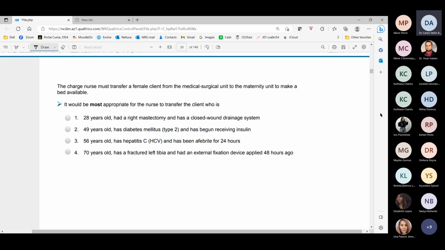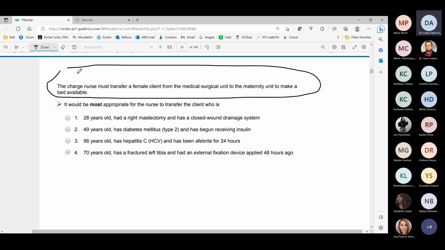Next question. The charge nurse must transfer a female client from the medical surgical unit to the maternity unit to make a bed available. This kind of question is very common in NCLEX, but notice this variation.